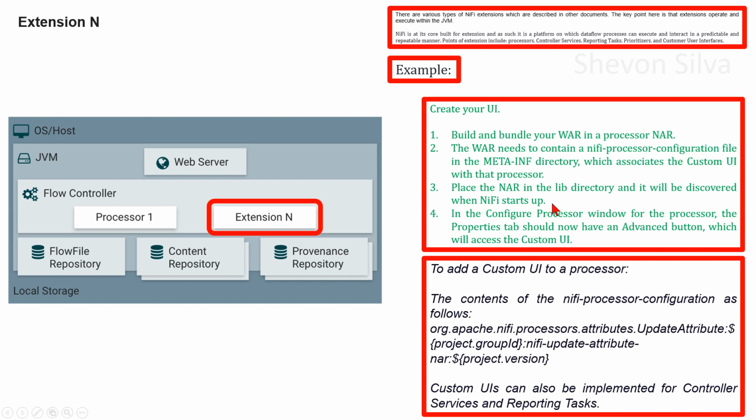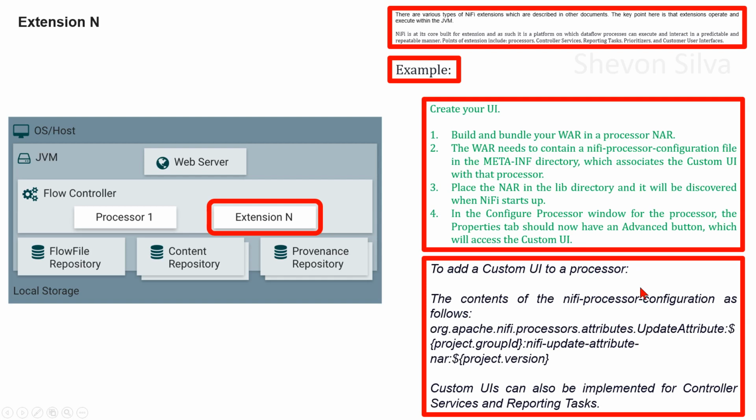Step 3, place the NAR in the lib directory and it will be discovered when NiFi starts up. Step 4, in the configure processor window for the processor, the properties tab should now have an advanced button which will access the custom UI.